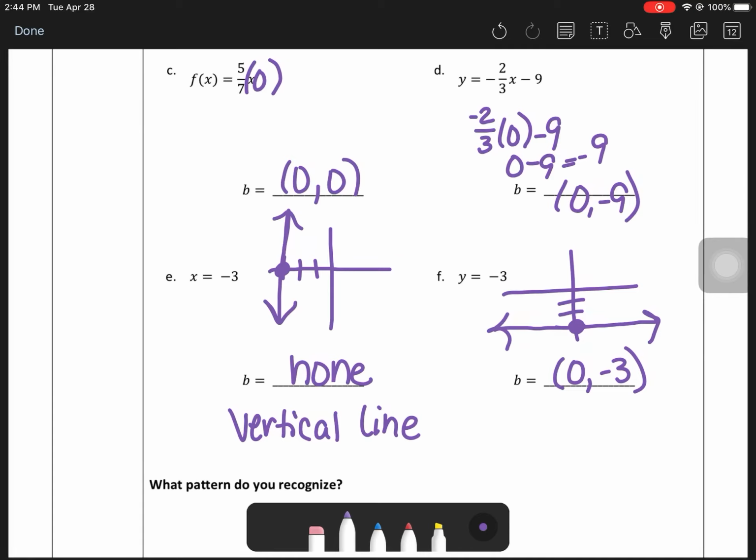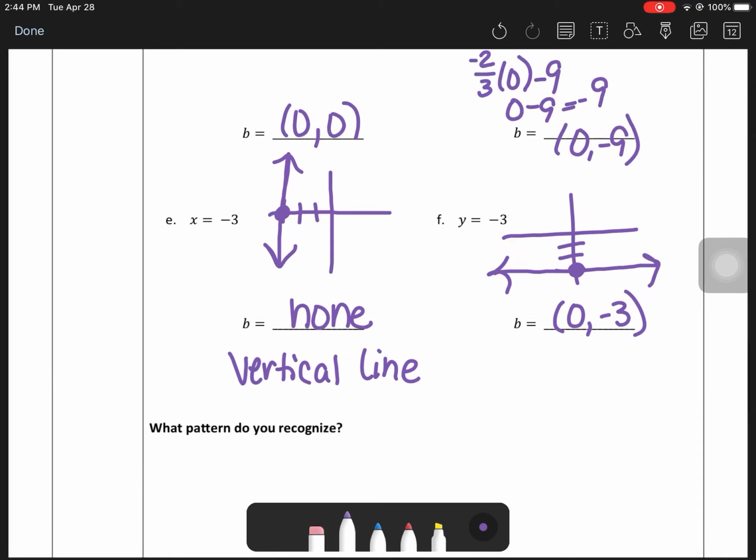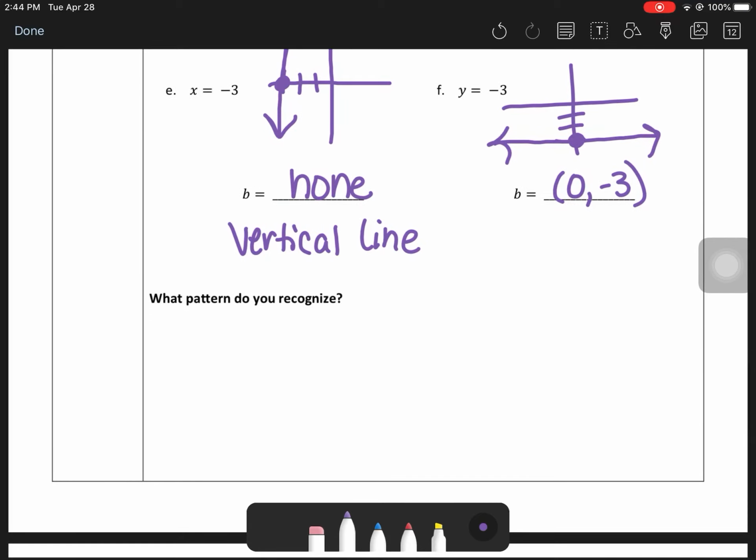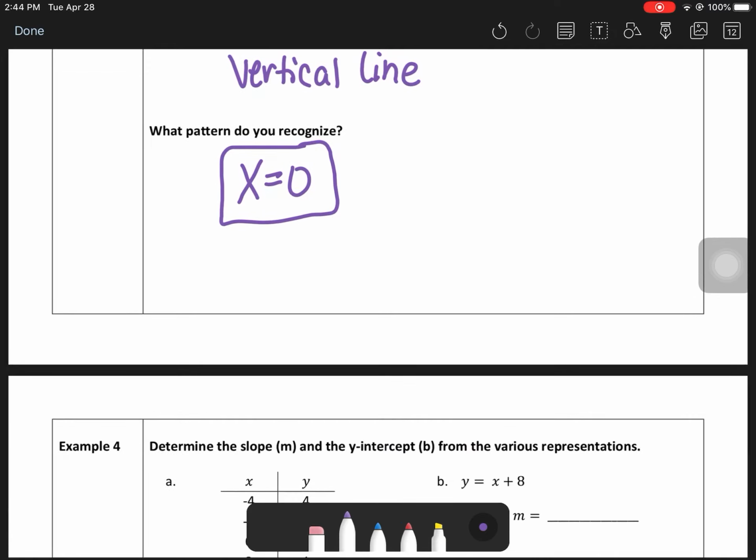So that is going to be the point (0, -3) for our y-intercept. So what pattern do we recognize? We recognize that x is always equal to 0, no matter if we are in the table or if we are in the graph, or if we are in the equation.